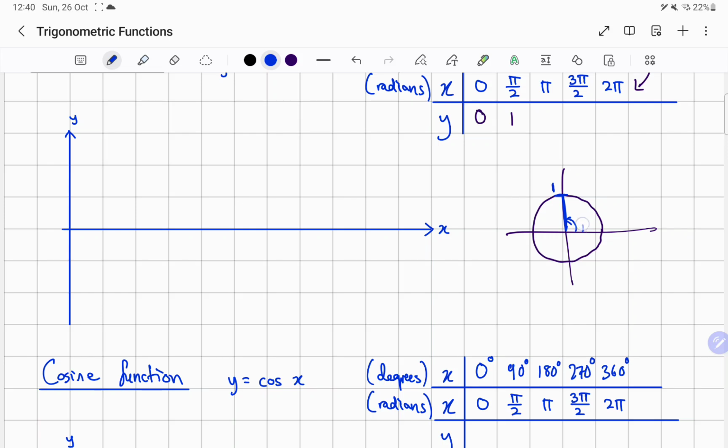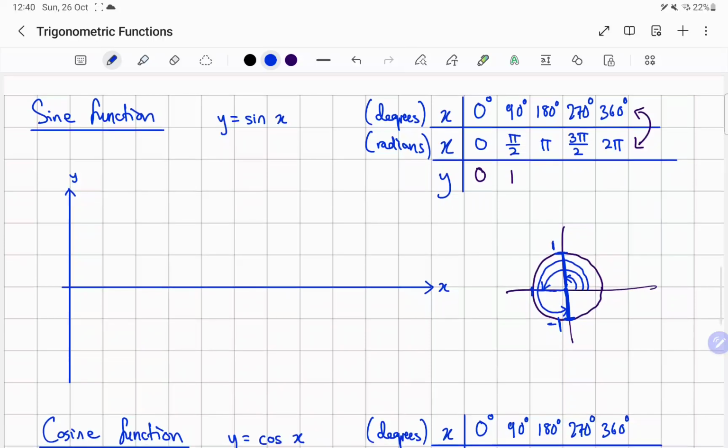Then at 180 degrees, this is back to 0, and sine 270 degrees is down here, which is -1. So sine 180 is 0, sine 270 is -1, and sine 360, you go a full circle, so you come back to 0.